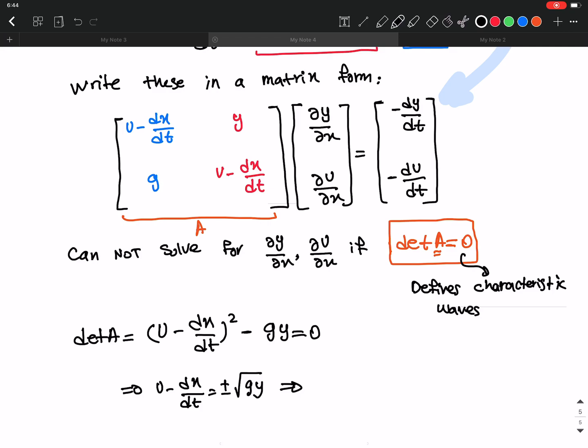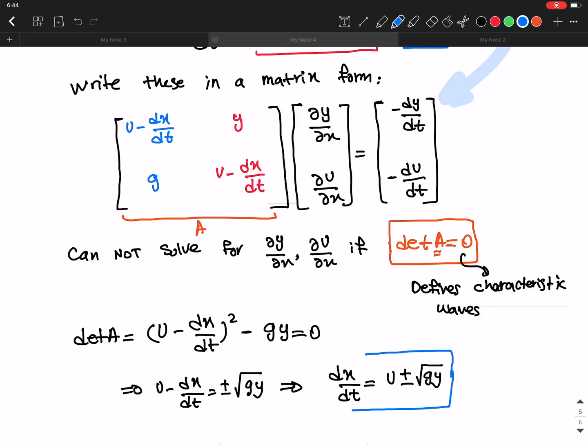And hence, dx over dt is going to be u plus minus square root of gy. Okay, so this is a final solution. And these are actually the characteristic waves of this problem.